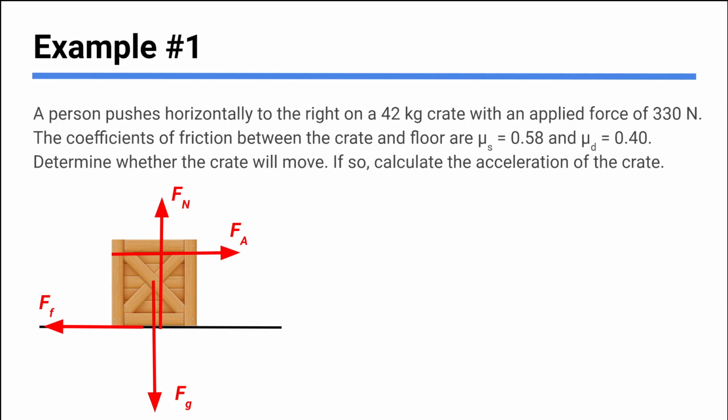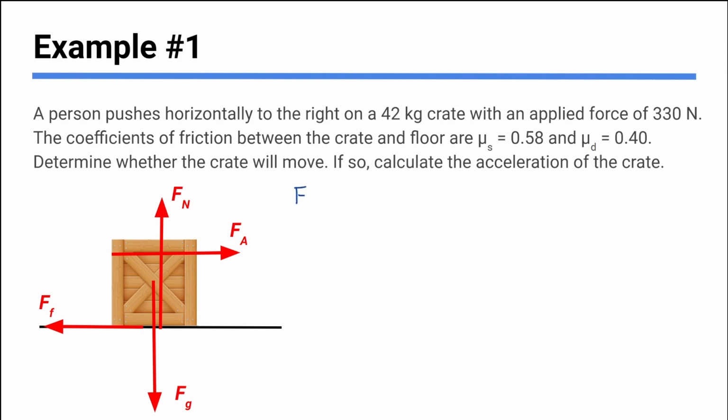Okay, so first, determine whether the crate will move. So they're asking me to do some kind of math. Will it move? So I remember the rule for this. It has to do with static friction, because if I only push a little bit, static friction will resist me. But there's a maximum. There's a maximum static friction force.